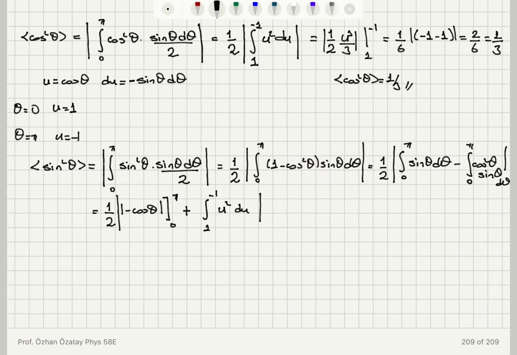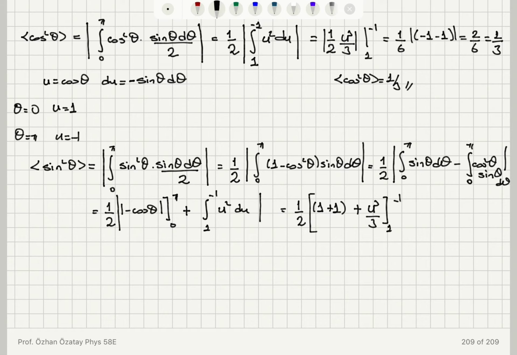So we have 1 over 2. Cosine theta, when theta is pi, is minus 1, so we have 1 minus minus 1, so we have plus 1 here. So we have 2 from this contribution, and here I have plus u cubed over 3 from this integral, u cubed over 3 evaluated between 1 and minus 1.